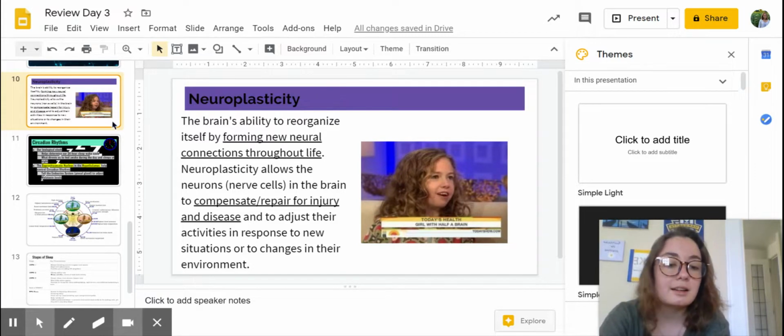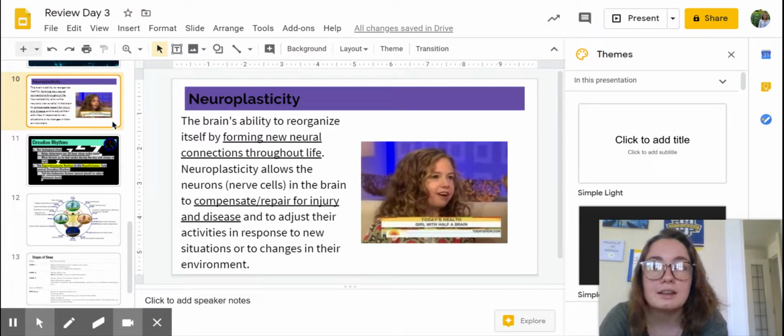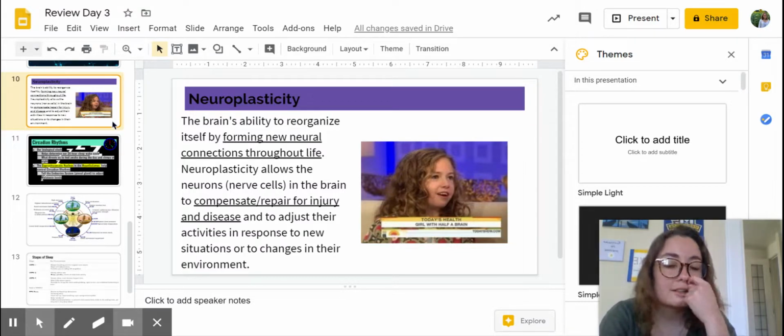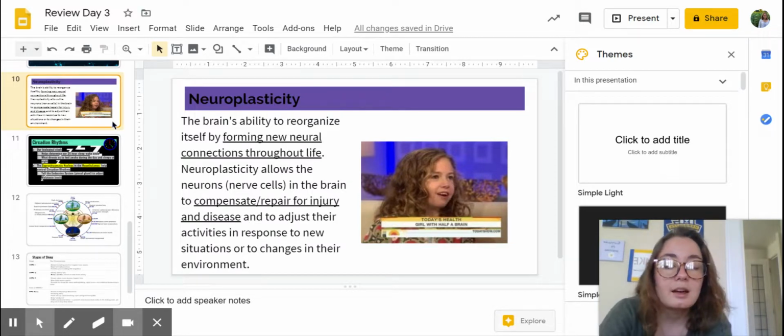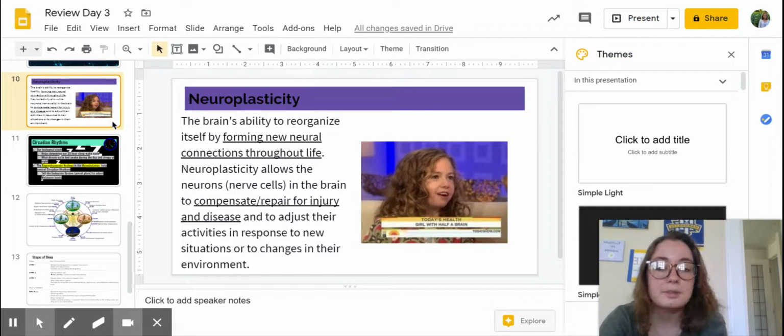From our case studies of people like Phineas Gage and H.M., Clive Waring, people who have had really serious damage to parts of the brain, the woman without fear damaging her amygdala, we see that you can have some pretty drastic changes from just damaging one part of the brain. Damaging something like the hippocampus could really, really alter your life in a negative way. But we also see that our brain is very adaptable.